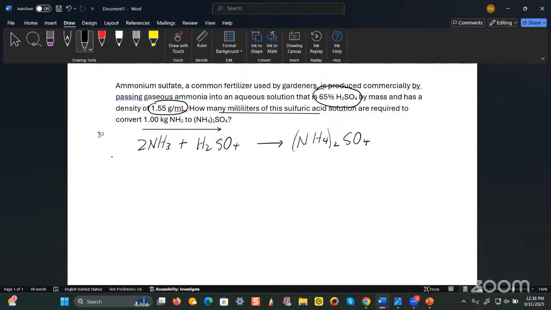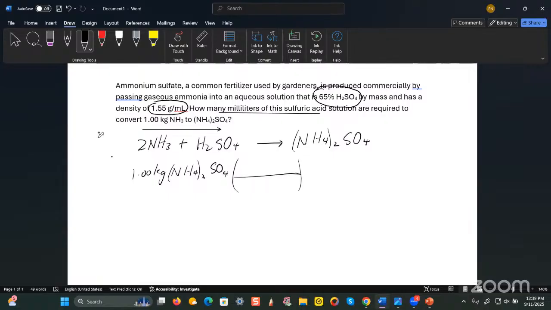So what I would do is start off with the 1.00 kilograms of ammonium sulfate, right? And what I would focus on, starting from here, is how do I get from the mass of the sulfate given in kilograms to moles. So the first thing I would do is convert from kilograms to grams.